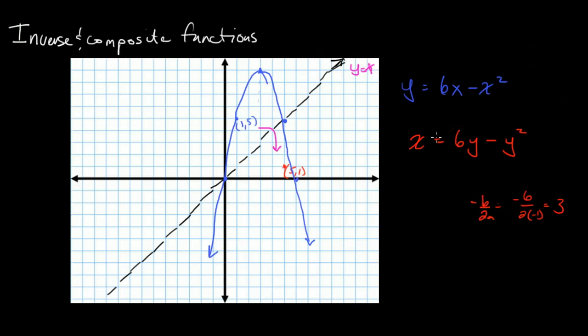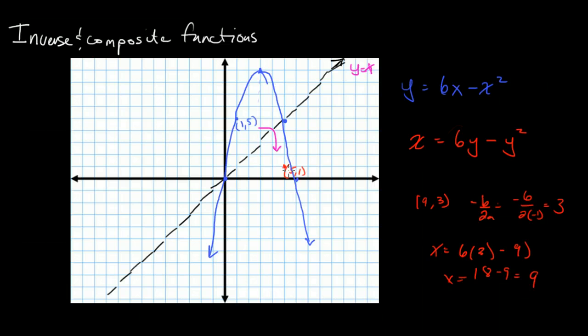So y at the vertex would be 3. Then x would be 6 times 3 minus 3 squared, or 18 minus 9. So x would be 9.